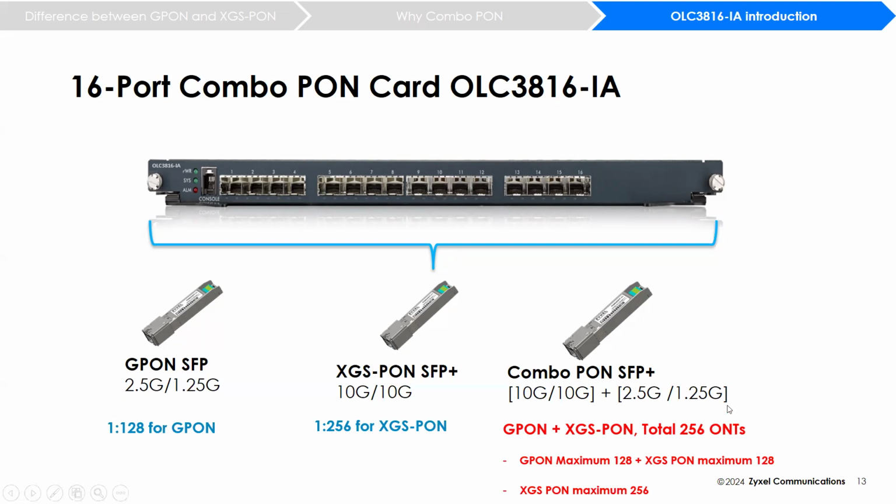But if we use the combo PON SFP, the maximum allowed GPON ONTs could still be 128. If we connect both GPON ONTs and SGS PON ONTs on the single combo PON, the maximum allowed number of GPON ONTs is 128, and for the SGS PON ONTs, the number will be the same, 128.